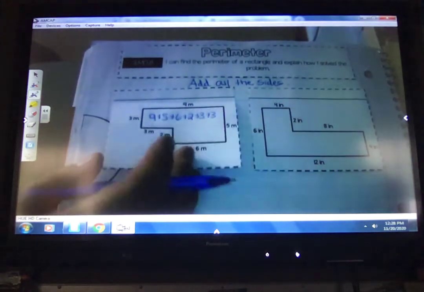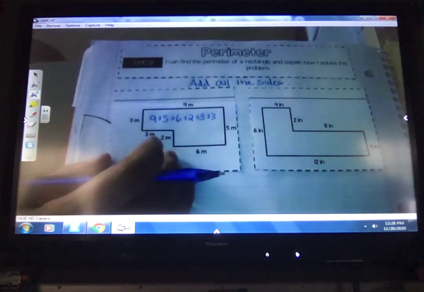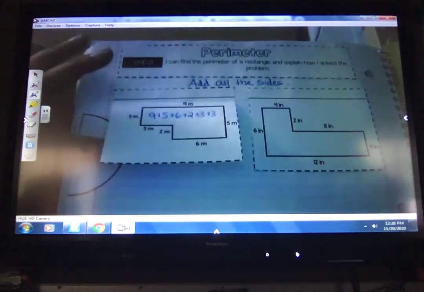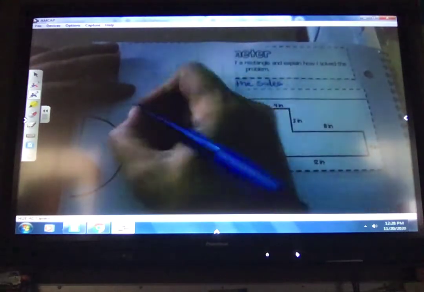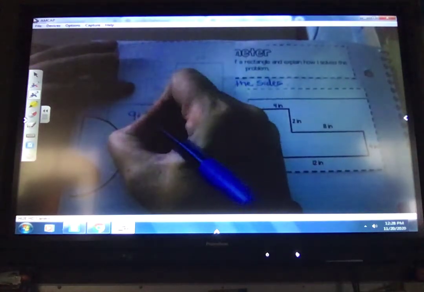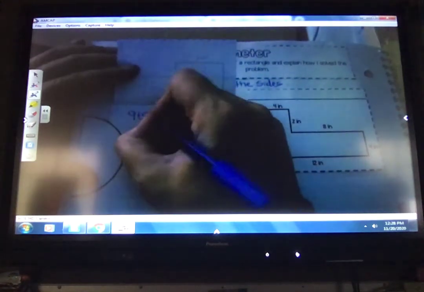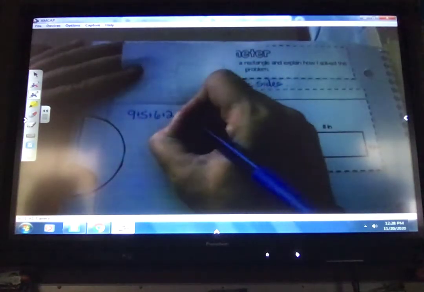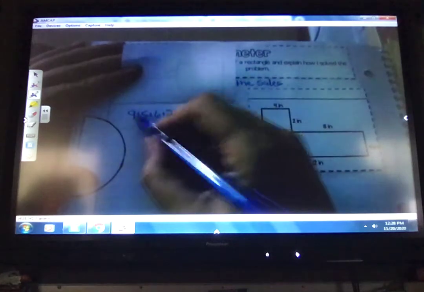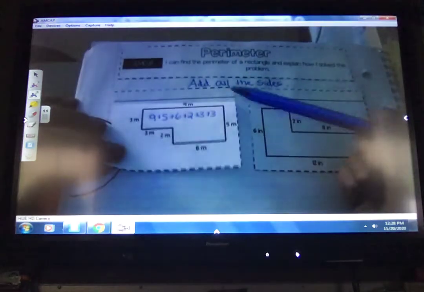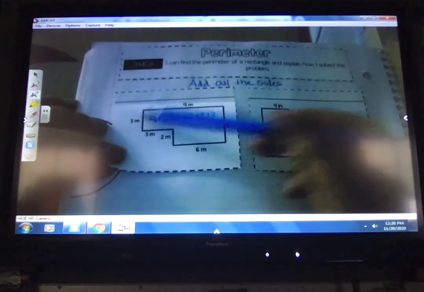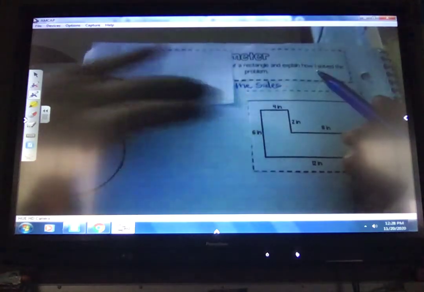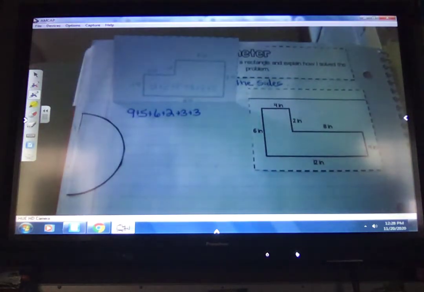If a side is missing, you have to figure out what that missing side is. So under the tab, I'm just going to add these numbers together. 9 plus 5 plus 6 plus 2 plus 3 plus 3. So that's 1, 2, 3, 4, 5, 6 numbers and 1, 2, 3, 4, 5, 6 sides. So we would definitely want to make sure that our sides and our numbers match.